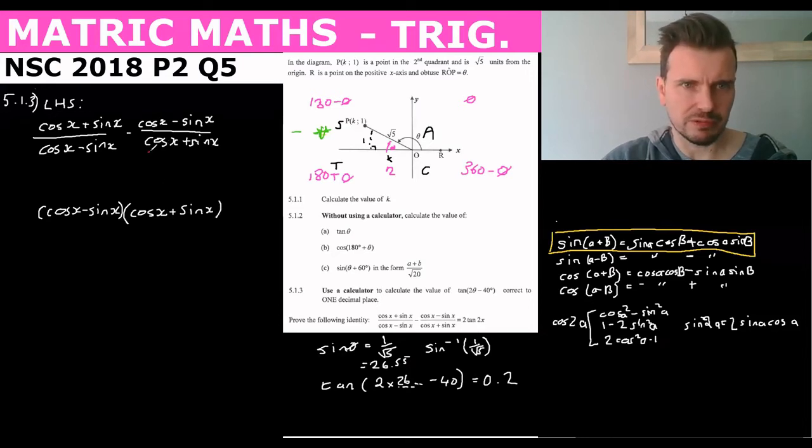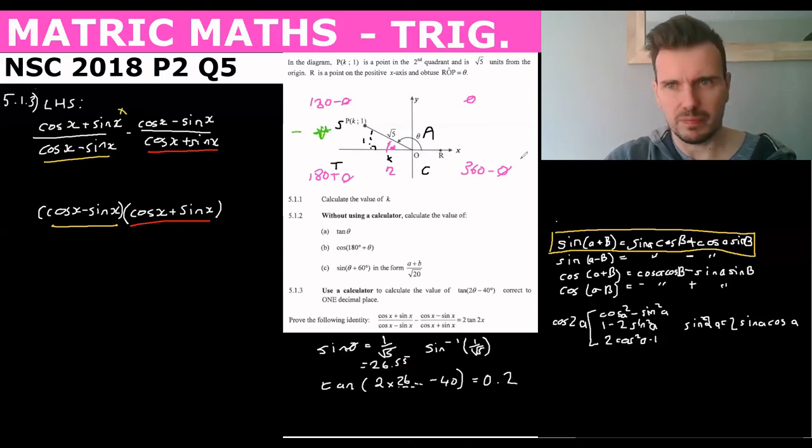Okay, so this is our common denominator. So we've got the red here and the yellow here. So we're going to need to times this one by the red, and we times this one by the yellow, because you cross multiply in order to get a common denominator.